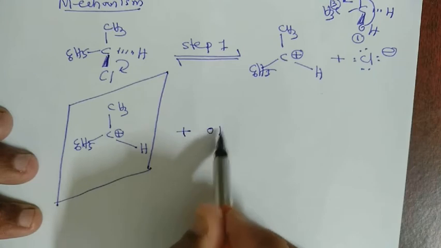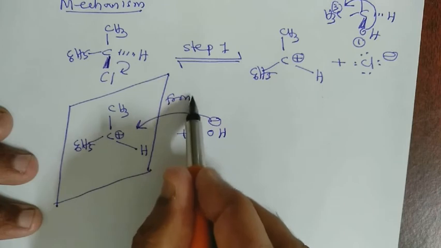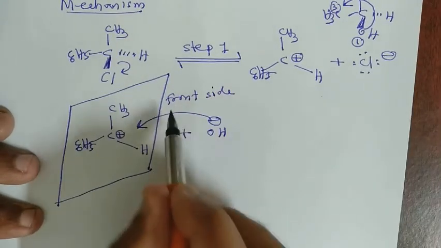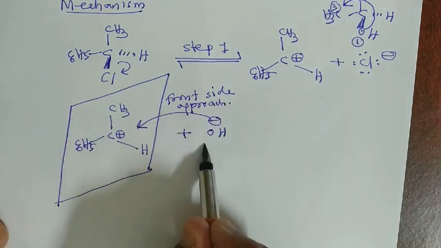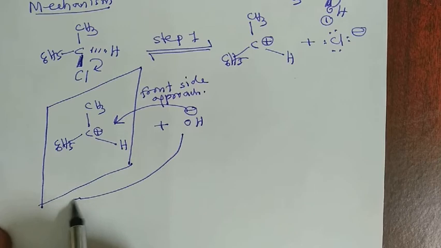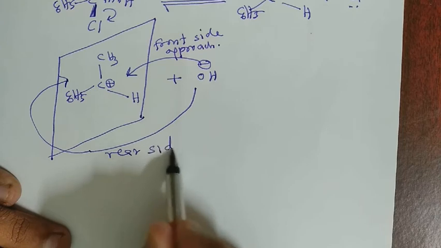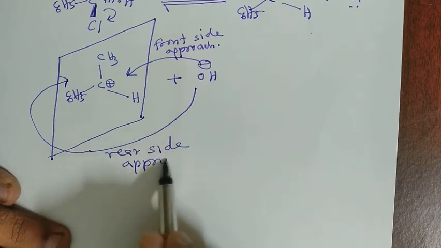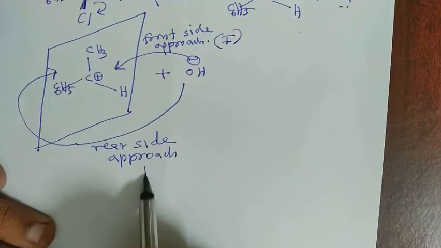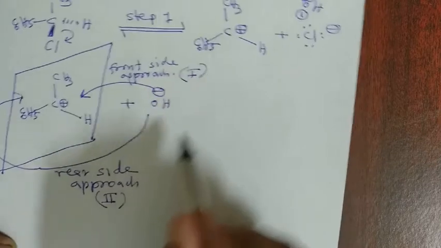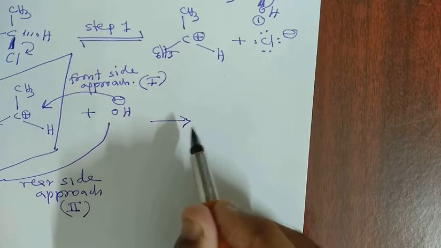OH minus in the second step can approach from the front side, or OH minus can approach this carbon atom from the rear side, that is, the back side. This is path 1, this is path 2. Hence, a mixture of products is possible.